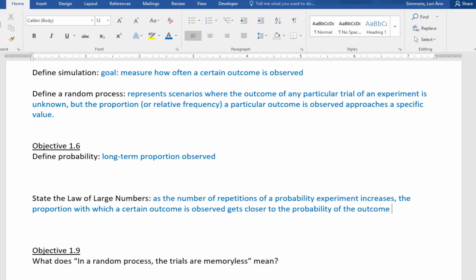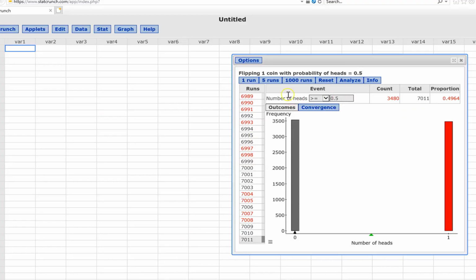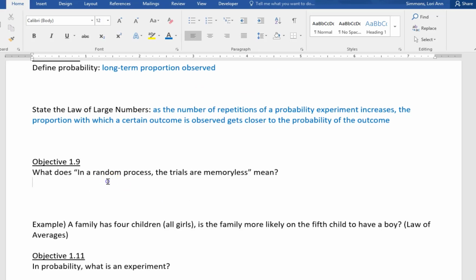So the law of large numbers says that as the number of repetitions increases, the closer we are going to get to the probability of the outcome, 0.5 for heads.